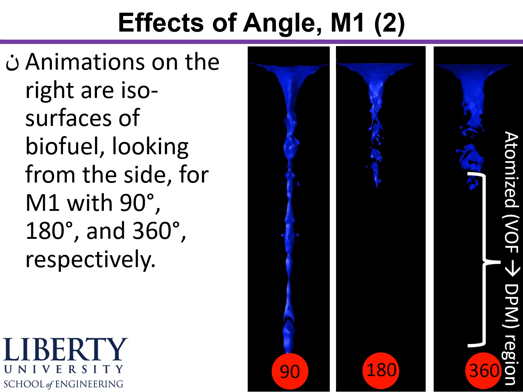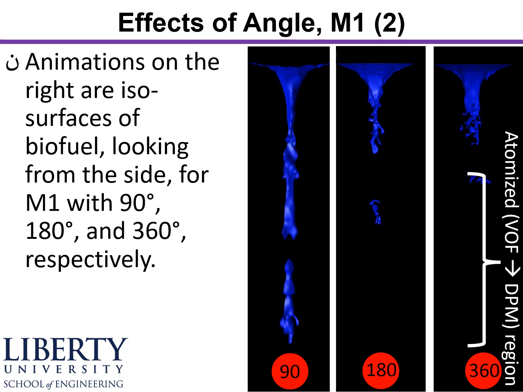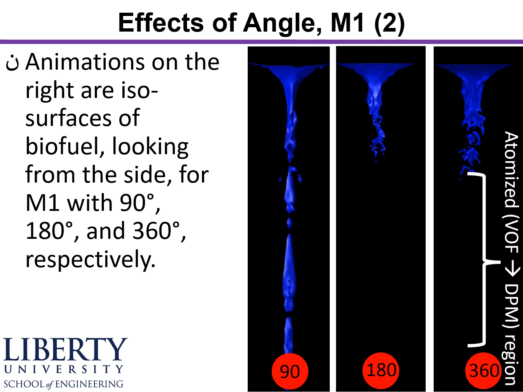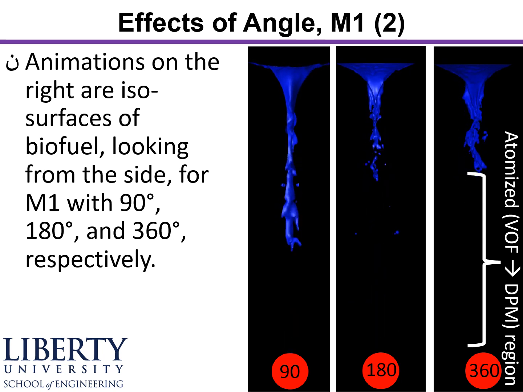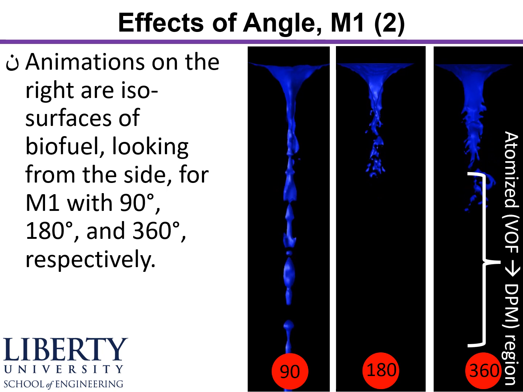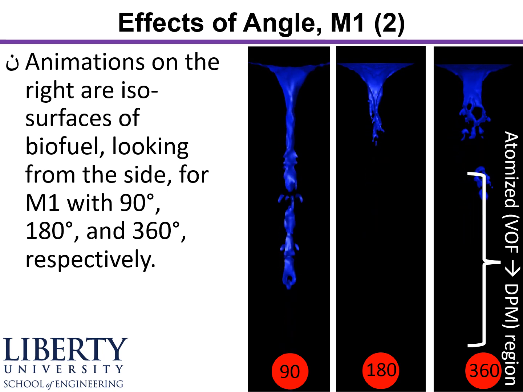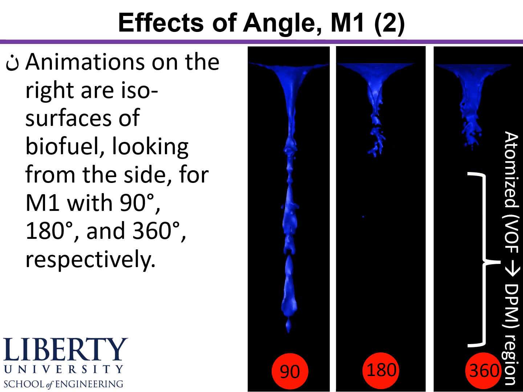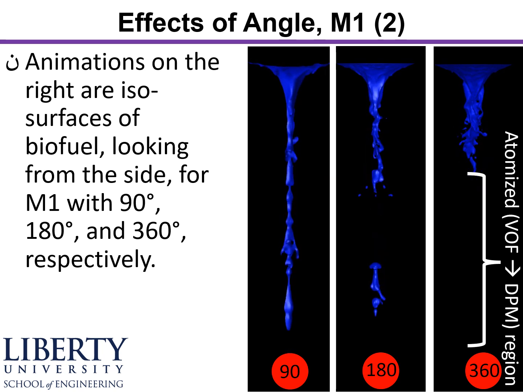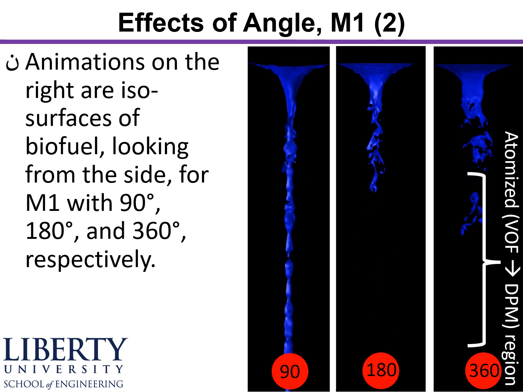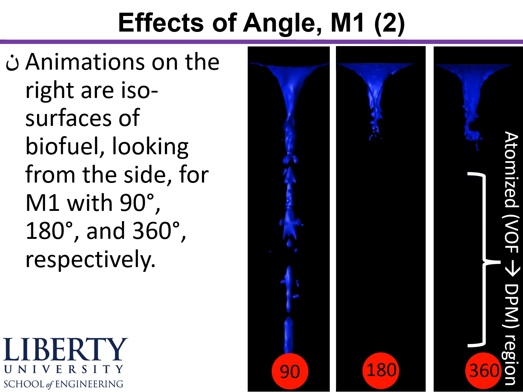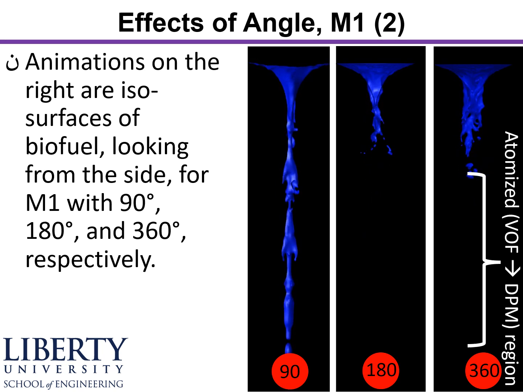The animations on the right are isosurfaces of liquid, and the one in the center of the slide is a 90-degree model. The next one's 180, and the right side is 360. And anything you see that is not showing as an interfacial reconstructed interface there, or an isosurface, is where material has been converted from VOF to DPM. But you see very different situations moving from left to right.